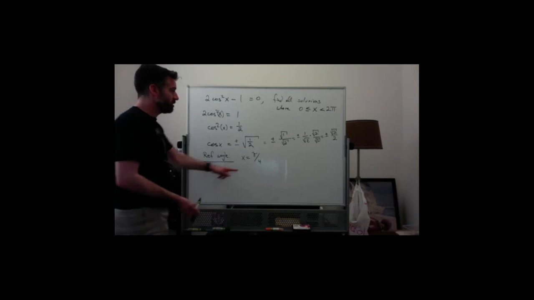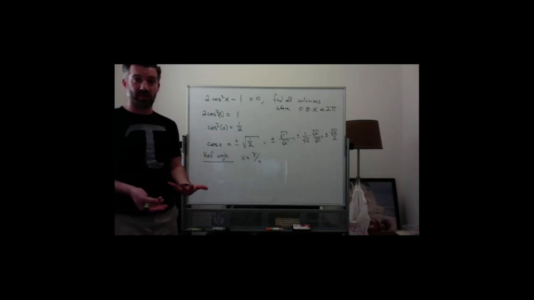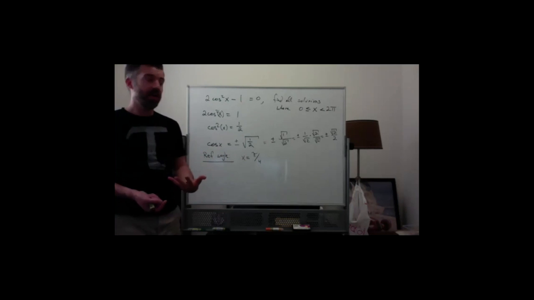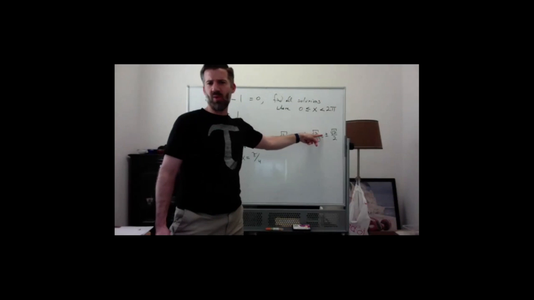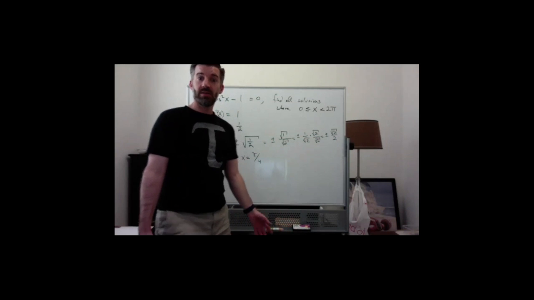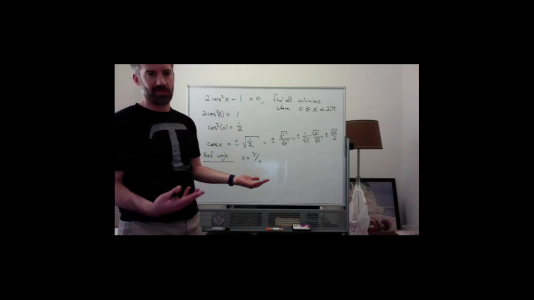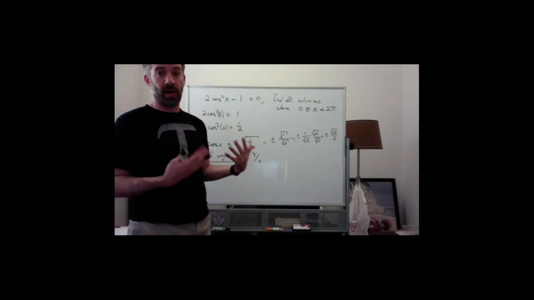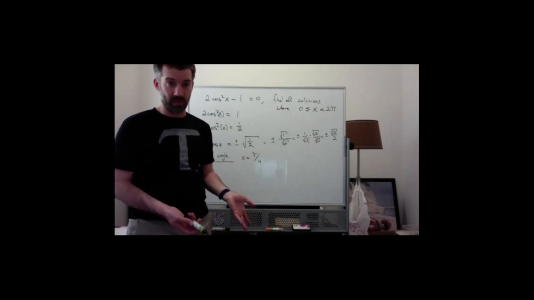Okay, so here's the thing about this one. We want pi over 4. And which quadrants do we want our answers to be in? Well, we want cosine to be positive or negative, so we actually want an answer in every quadrant. Typically, when you get cosine or sine or secant or cosecant to equal a positive or negative, you get an answer in every quadrant.